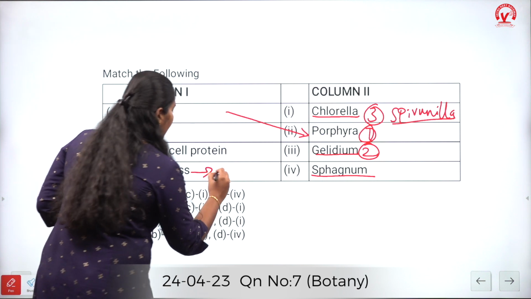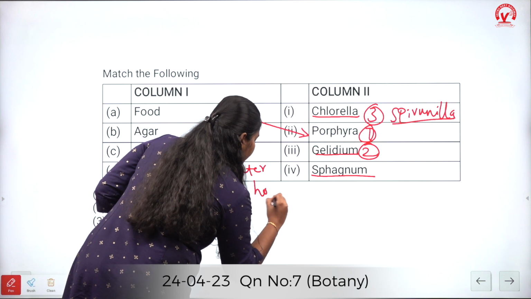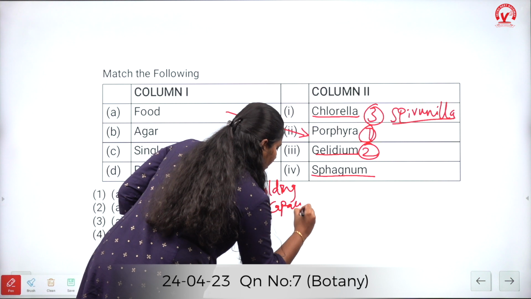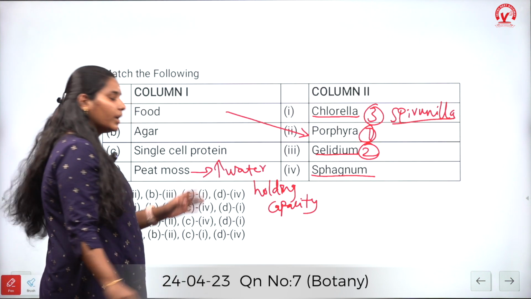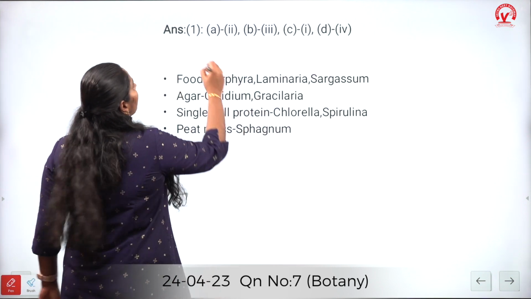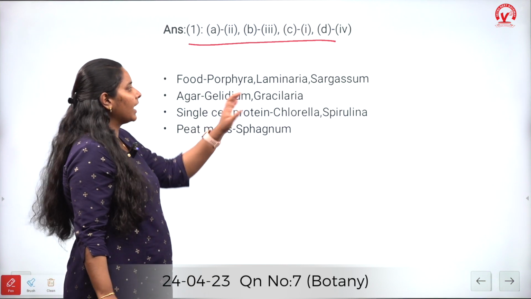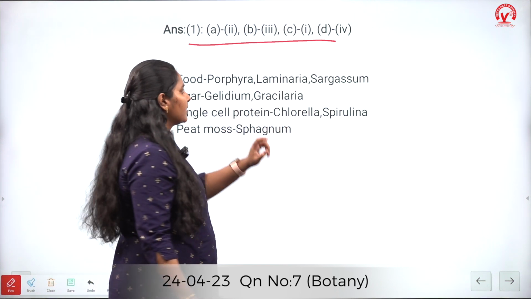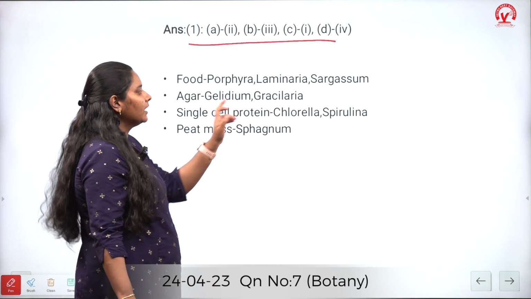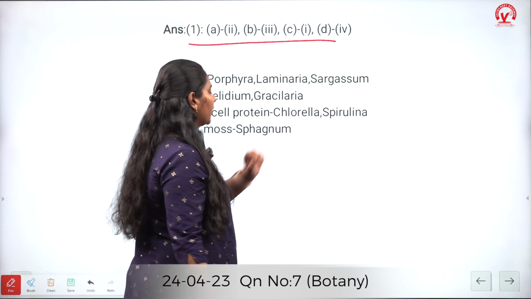These peat mosses have high water holding capacity, so they are usually used for gardening purposes. So the correct option is A. Other types of algae like laminaria and sargassum can also be used for food, agar is also obtained from gelidium and gracilaria, and single cell protein is obtained from chlorella and spirulina.